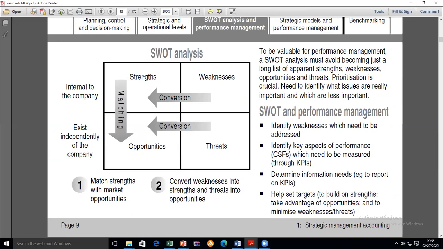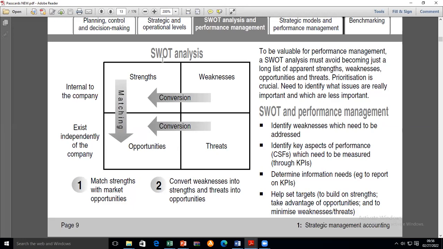So this is SWOT analysis in strategic management. When we're doing strategic analysis in terms of internal and external environmental analysis, we do use a SWOT analysis. Even in organizations, we use SWOT analysis.